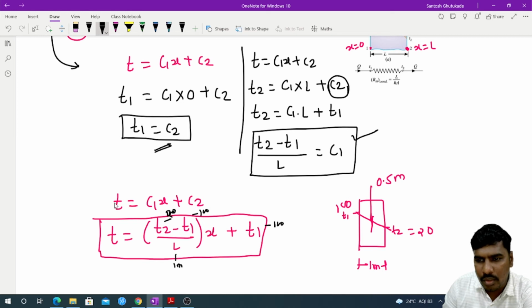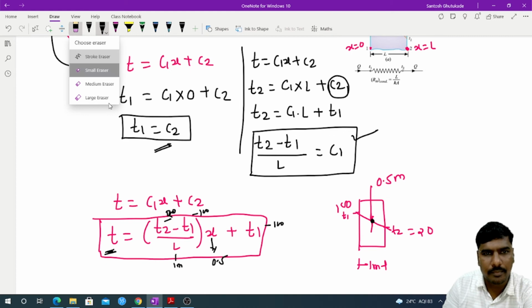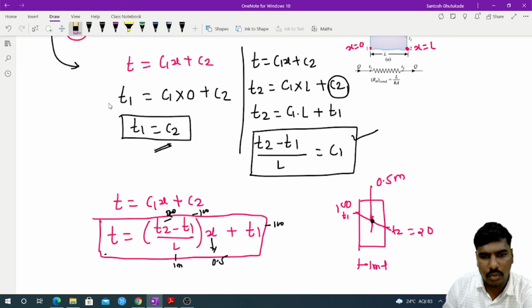Now you put x distance as 0.5 meter, and at that location you will get the temperature. So this is the formula used to find out the temperature at any location.